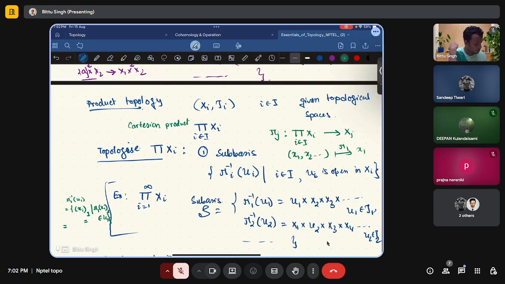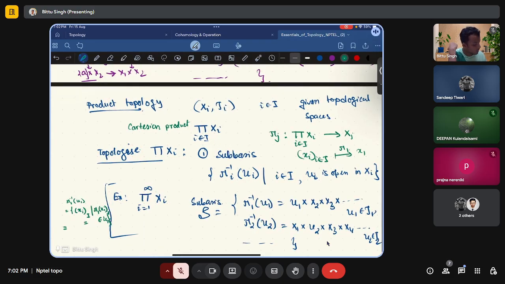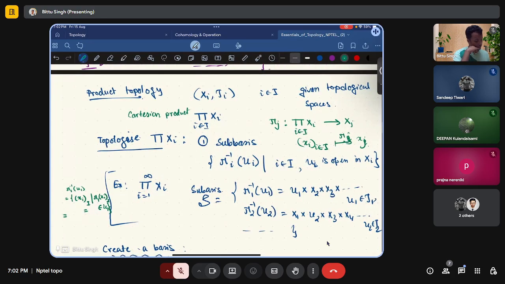In the better notation, (xi), i belongs to I, if we evaluate at the jth point, it will be xj. So here the first coordinate will be x1. So only the first component belongs to u1 and every other component can be anything. That is why it is u1 cross x2 cross x3 and so on.